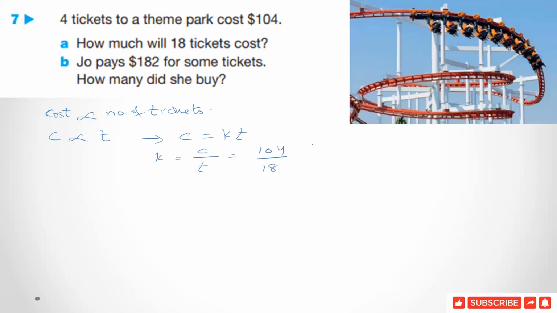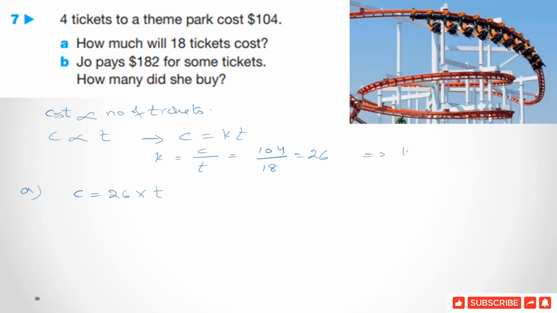Quickly tell me, when you divide 104 by 4, what you get? I got 26. You tell me what you get. Okay. Now A part by check. A says how much will 18 tickets cost? So 18 tickets are given to us. So cost is equal to 26 times number of tickets because K is 26.